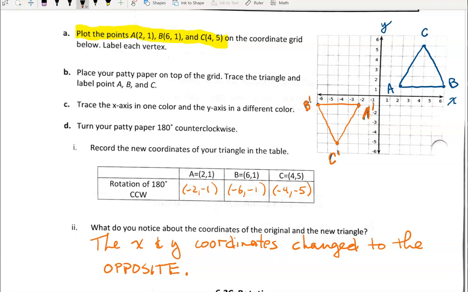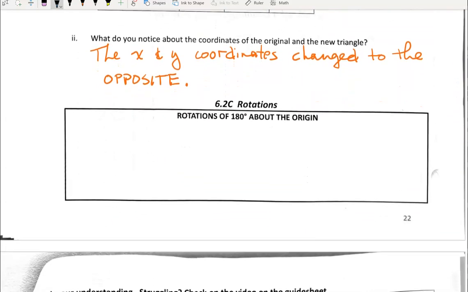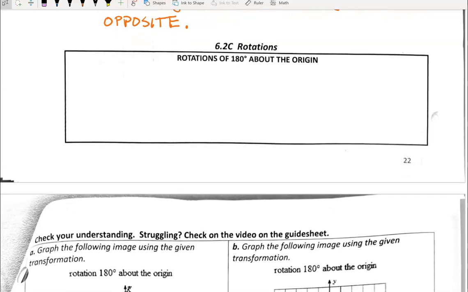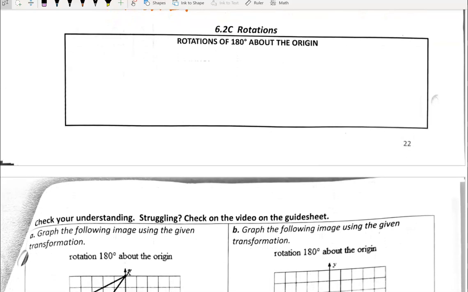Okay, so what we just did there is our 180 degree rotation. And that's mostly what we're going to be concentrating on for our class. Rotations of 180 degrees about the origin. So our rule, we take all our original x, y values.